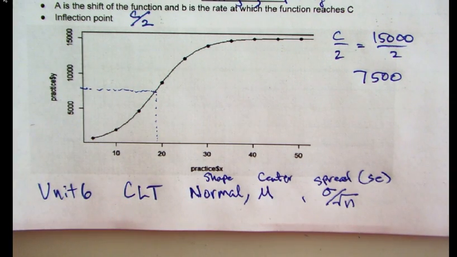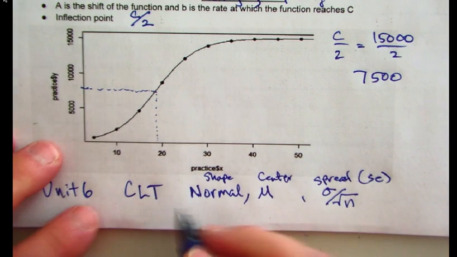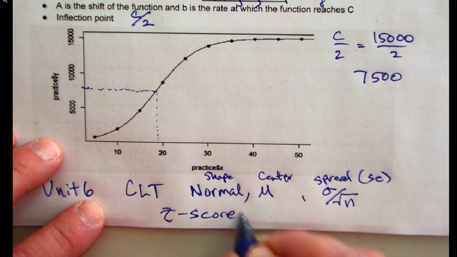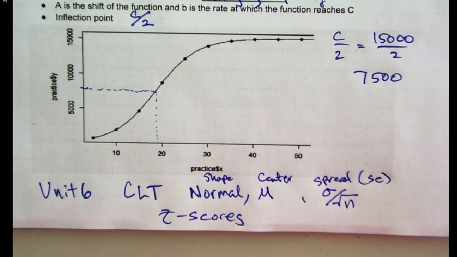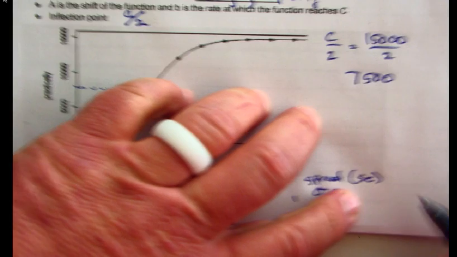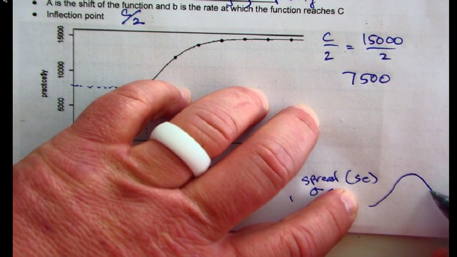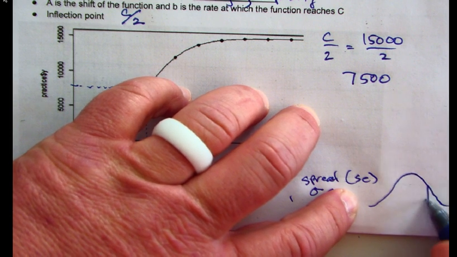Now, with that being said, I need to go back and review z-scores, because in order to calculate any of these answers, I'm going to need to use z-scores, look up those probabilities in the standard normal probability table. And I guess while I'm at it, when you look up a value in that table, it's going to tell you less than.